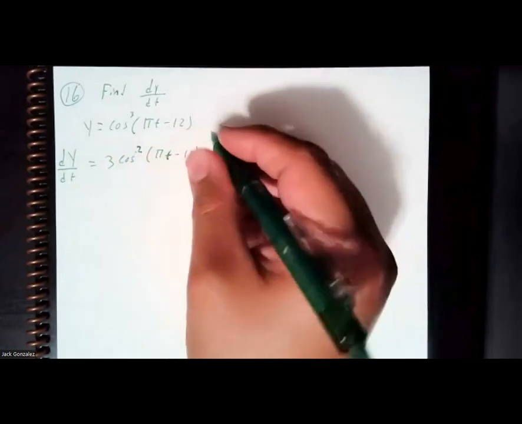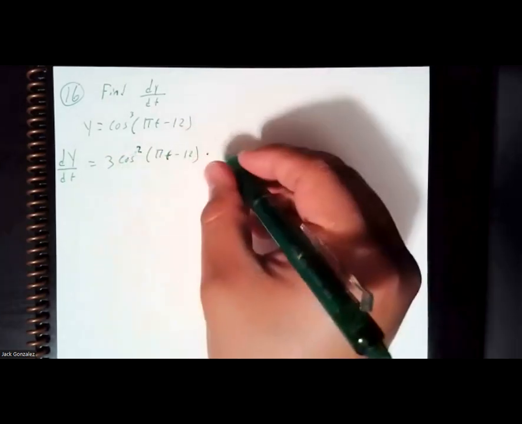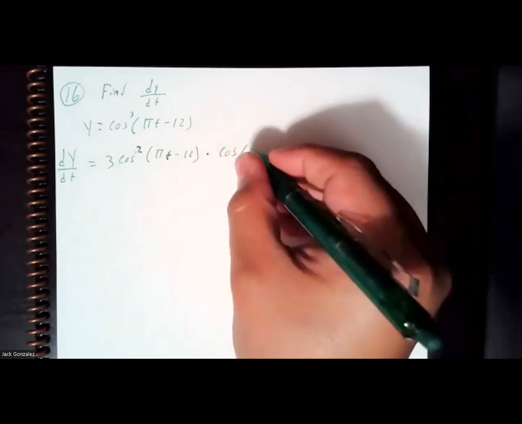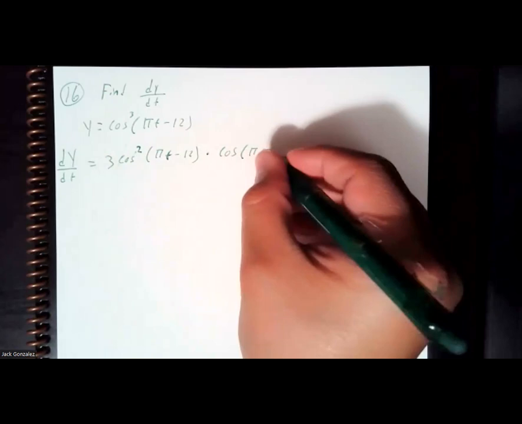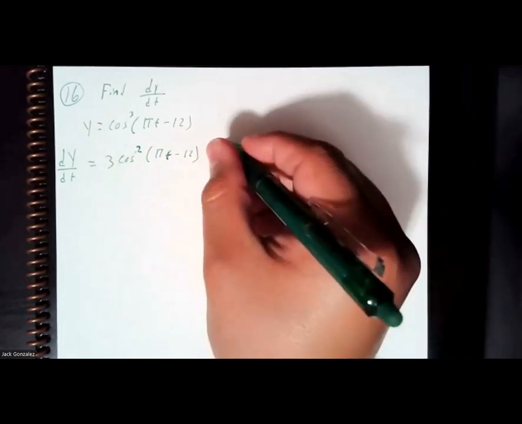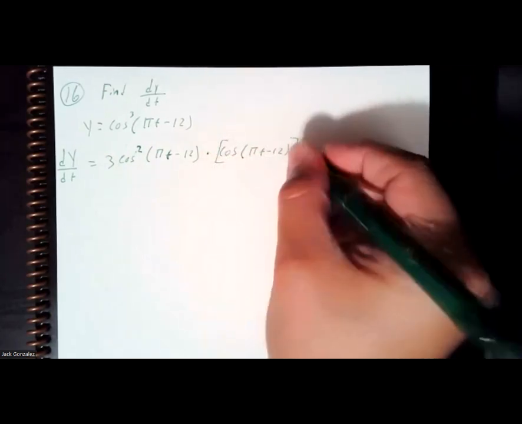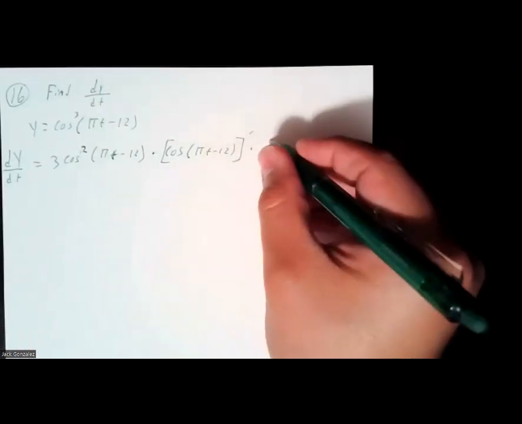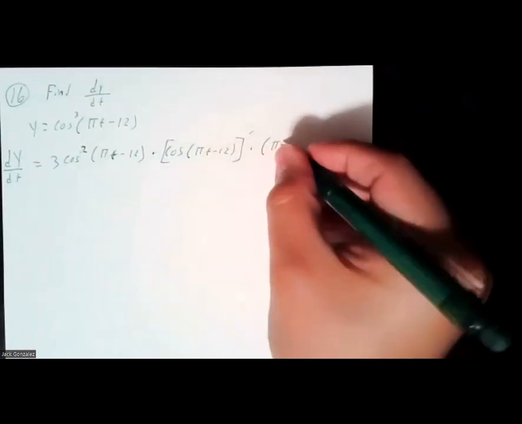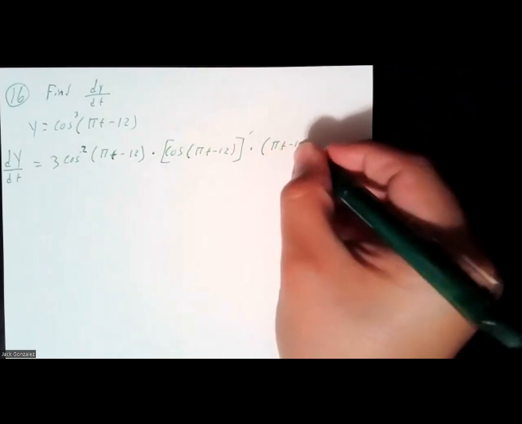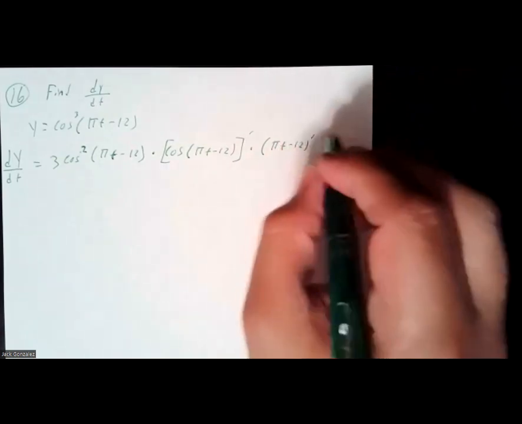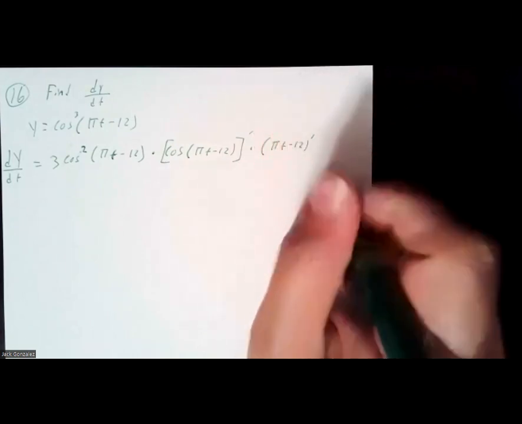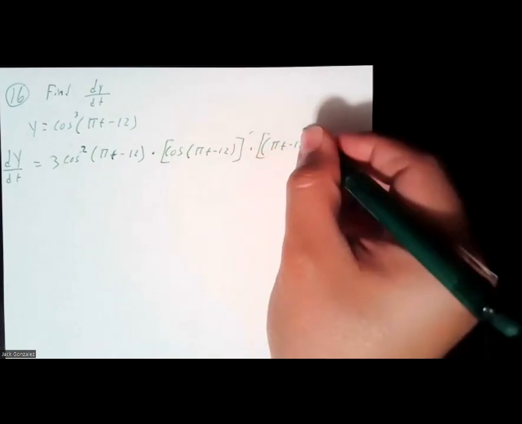So now times the derivative of cosine of this. And put little quotes to make it a little easier. Times the derivative of the inside of that here. Unless I use brackets.